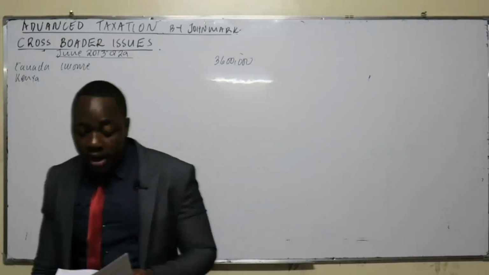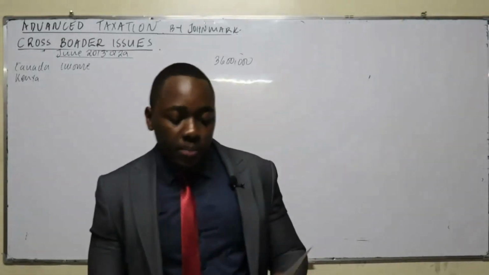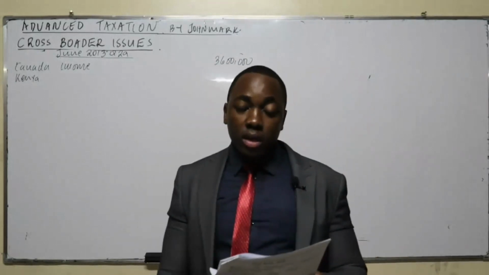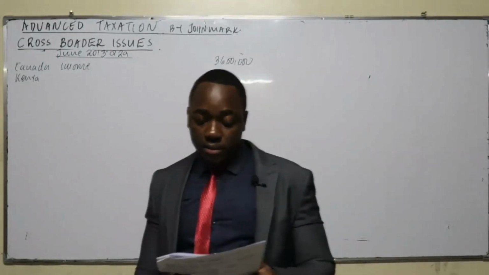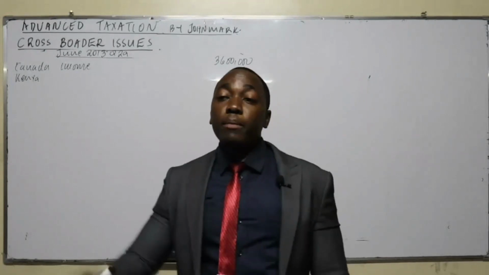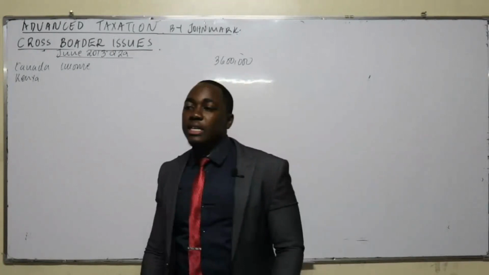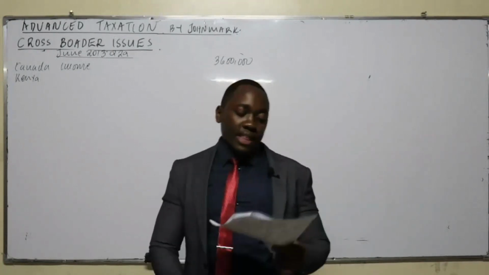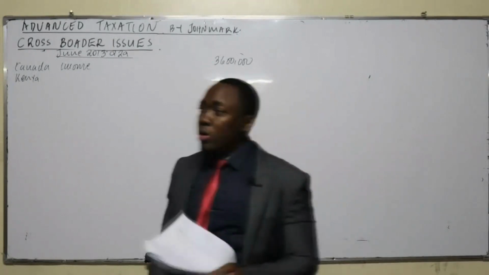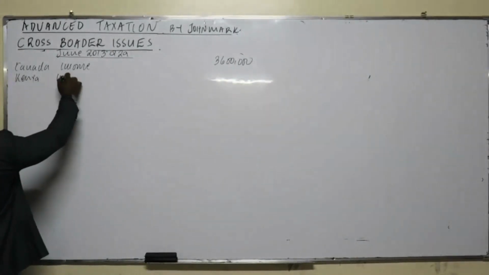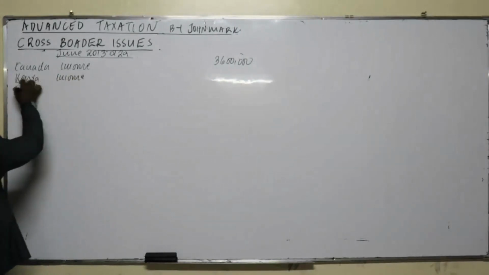His employer in Kenya provided his family with accommodation. The monthly rent on accommodation was 60,000 per month, which was paid by the employer. Now remember, house allowance is part of the taxable employment benefit. So therefore, it will be assessed for tax purposes. So how much is the income earned in Kenya? Number one, there was consultancy fee, right?